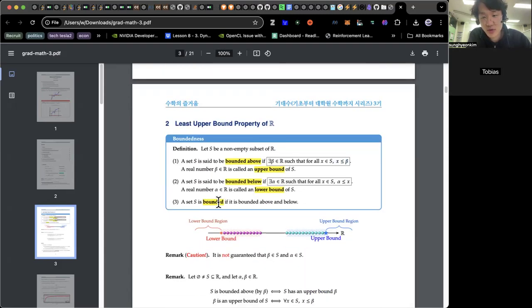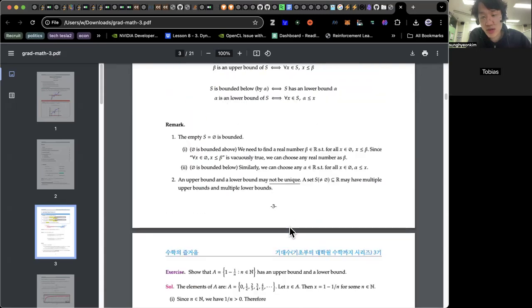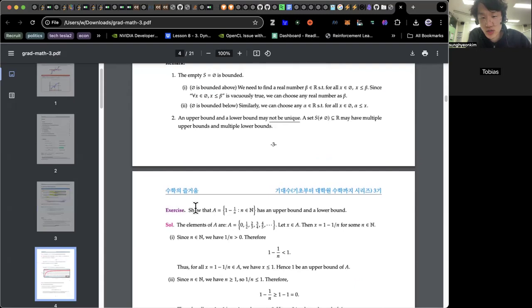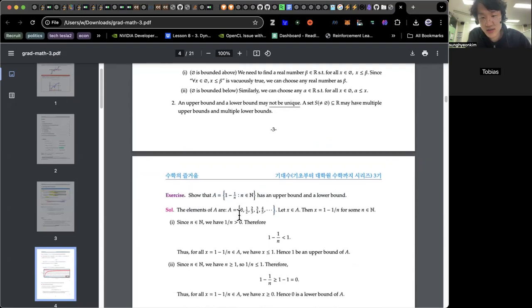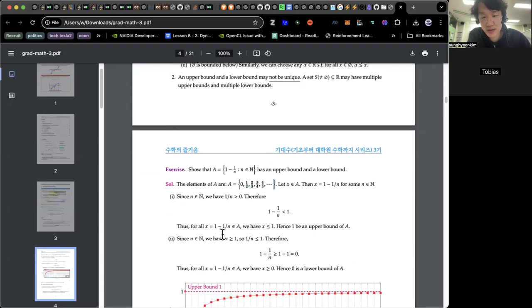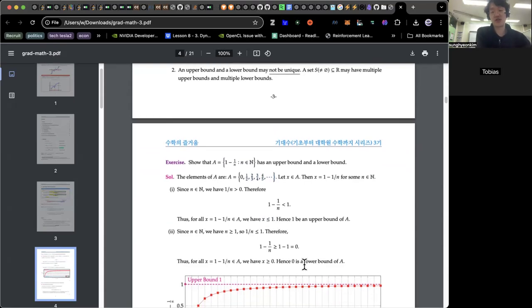And a set is bounded if it is bounded above and below. And we can show that the set of 1 minus 1 over n has an upper bound and a lower bound. We can say A goes like this. Then 1 minus 1 over n is smaller than 1. So thus for all x we have x smaller than 1, so it is bounded above.